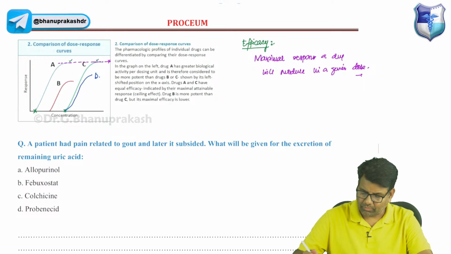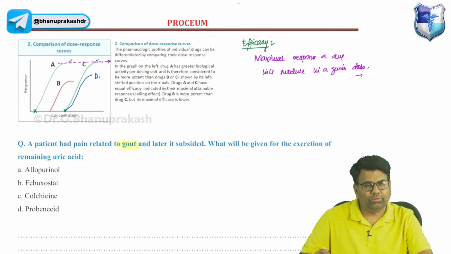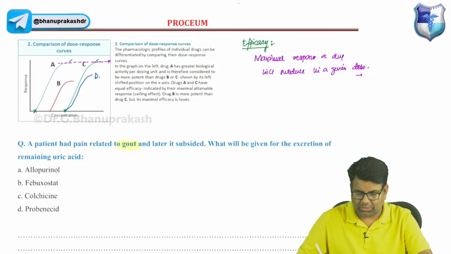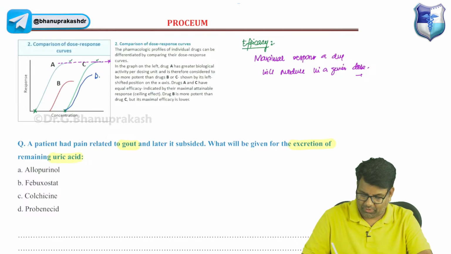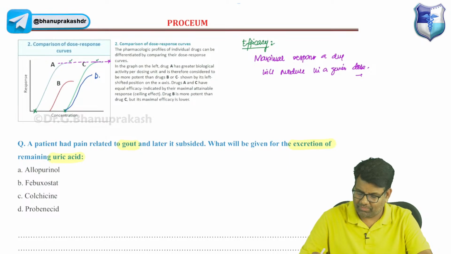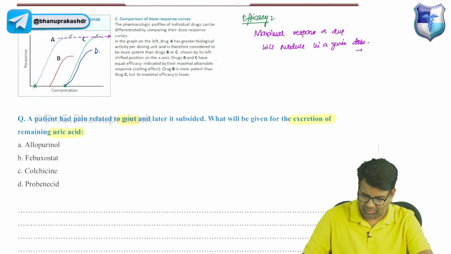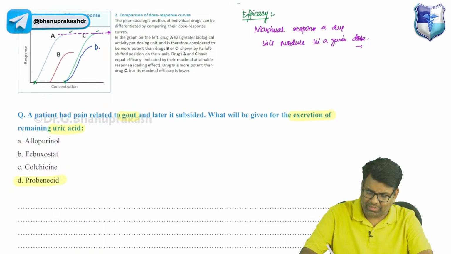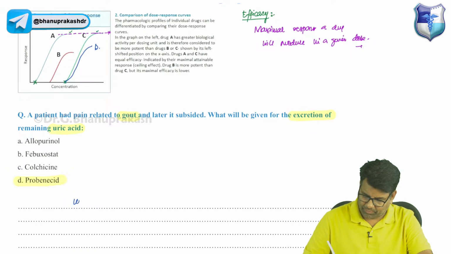Next question. A patient has pain related to gout and this pain subsided. Now we want to promote the excretion of uric acid. Which drug? Yes, you are absolutely right. This is probenecid. So this is a uricosuric drug, means it will promote excretion of uric acid.